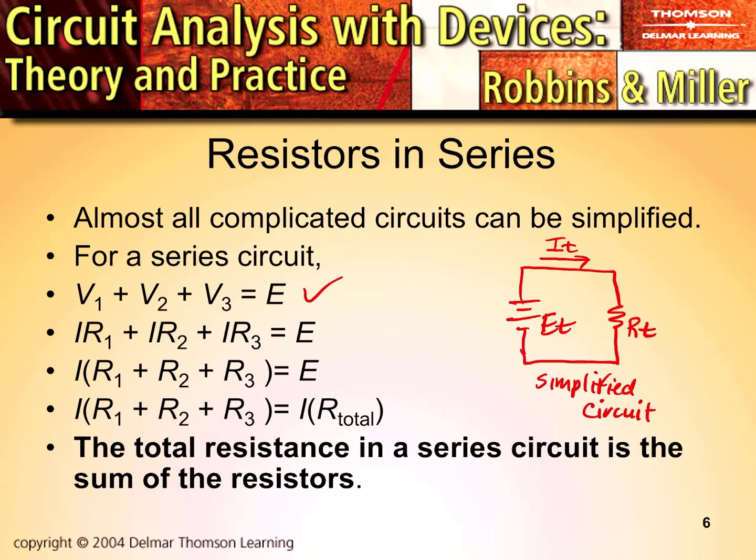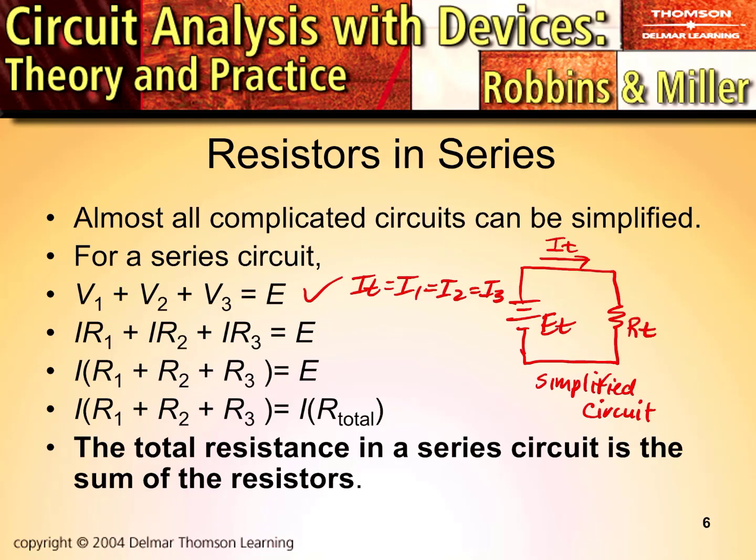So it means that our current, which is all the same, because we know that I total equals I1 equals I2 equals I3. We know that for 3 resistors in series, the current of each one is going to be all the same, and it's also going to be equal to the total current.